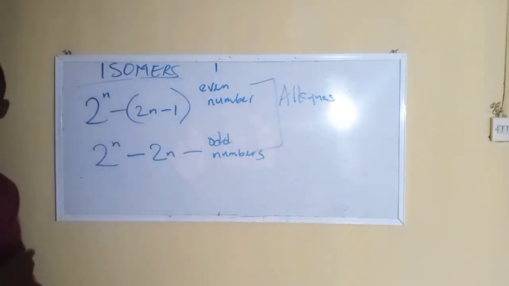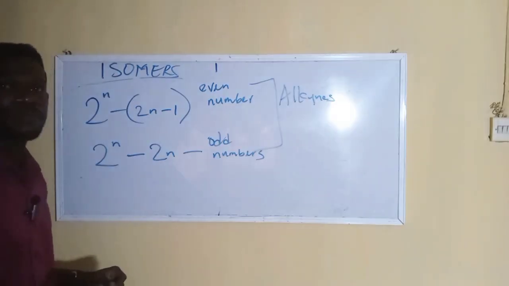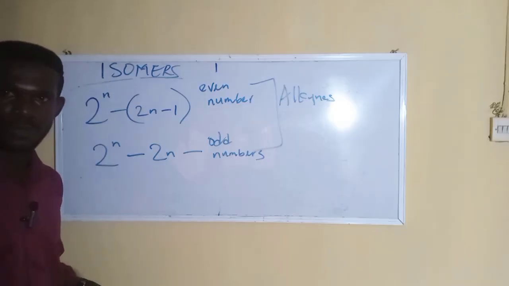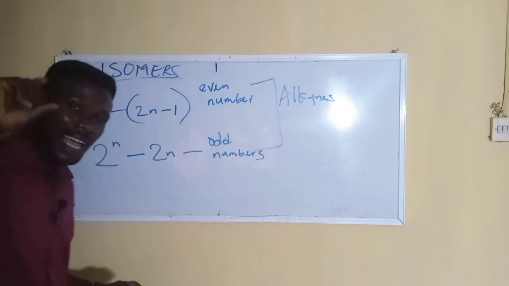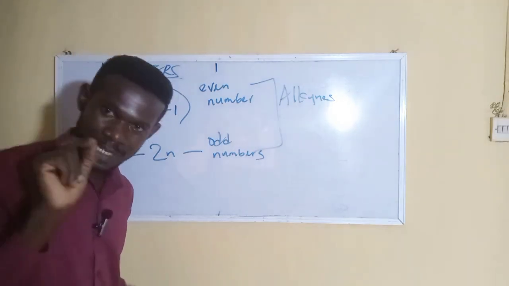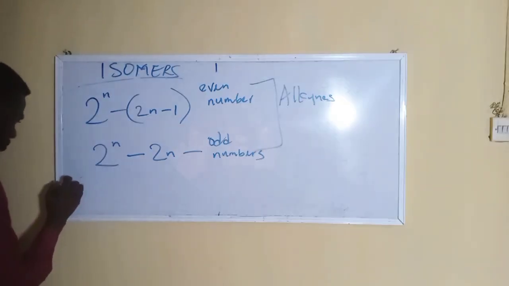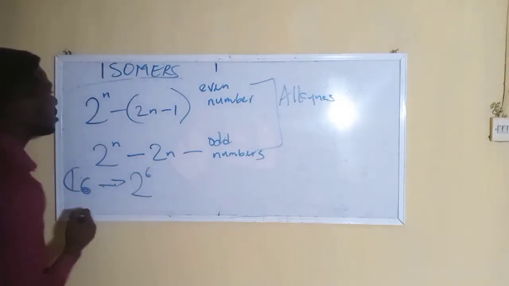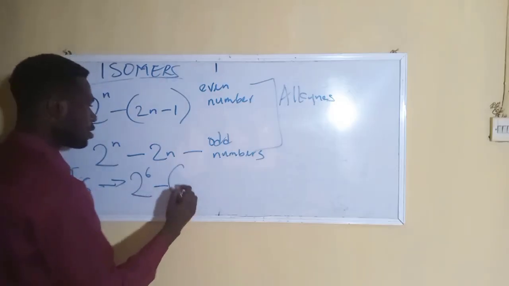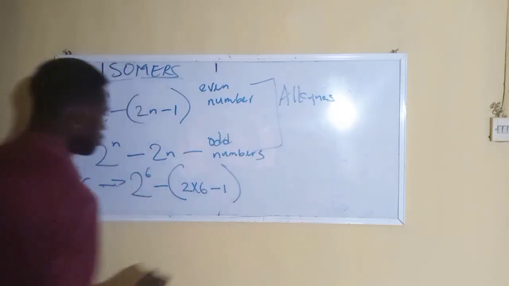So let's say we wanted to talk about hexyne, for example, where we are talking about carbon atom 6. If you are talking about carbon atom 6, now let's try. So if you are talking about hexyne, which is carbon 6, what's the formula? 2 raised to power 6 minus open bracket 2 times 6 minus 1, close the bracket.